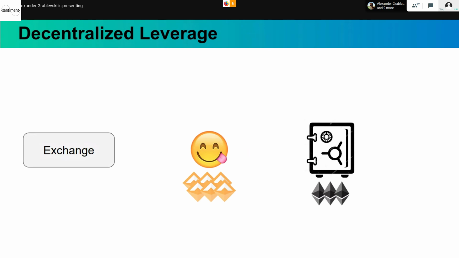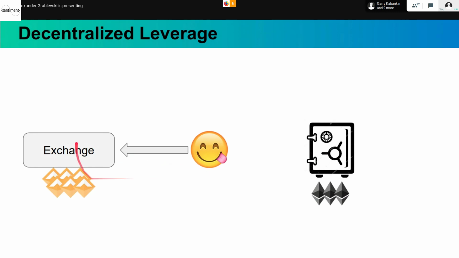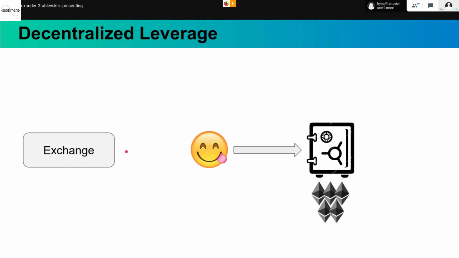You can lock your ETH and get DAI. After that, you can send DAI to a centralized exchange and get ETH back. Then you can deposit that ETH into a CDP, and at this point you have more ETH locked in your CDP, and you can generate more DAI from it.